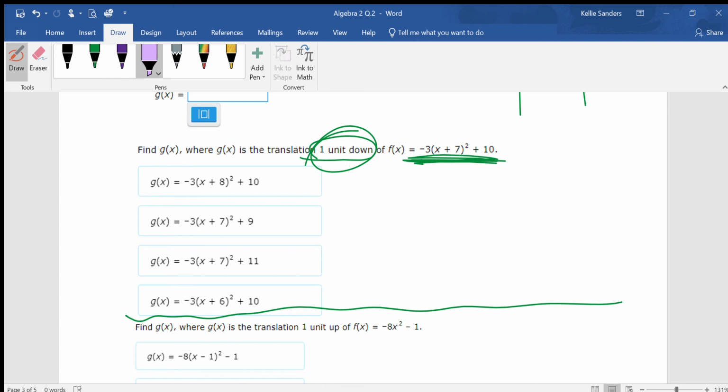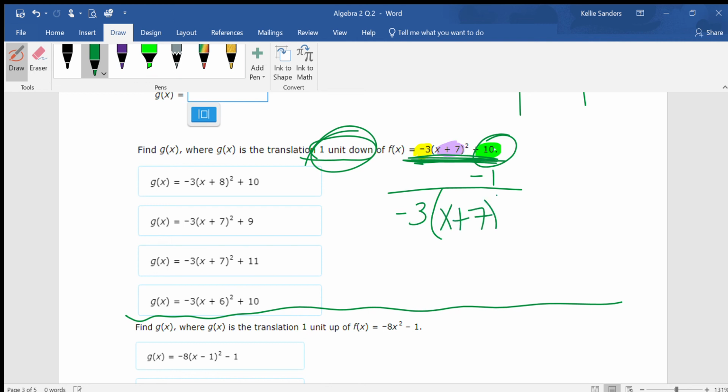Well, which part, because I see 3 different numbers here, which part is going to be changed because of going 1 down? This part's going to be changed. And how do we go 1 down? We're going to subtract 1. So the negative 3 is going to stay. The x plus 7 squared is going to stay. But what's 10 minus 1? 9. So that's why it's that one.